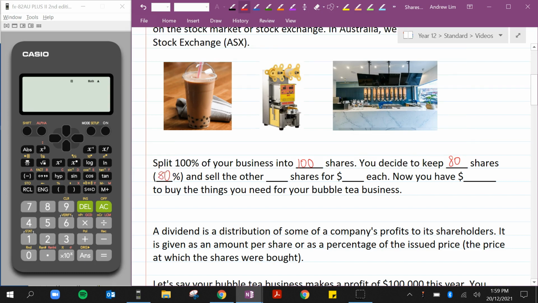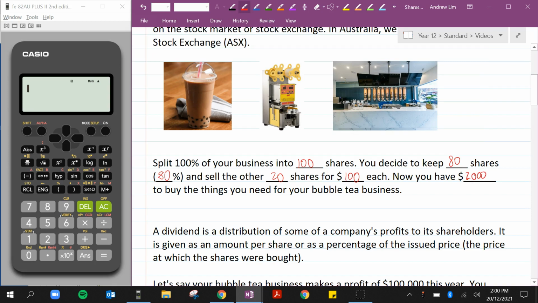And then you decide to sell the other 20 shares at, let's say, $100 each. So how much money did you manage to get? 20 times 100 is 2,000. So you've got $2,000 that you can use.